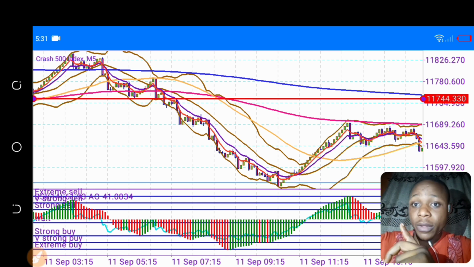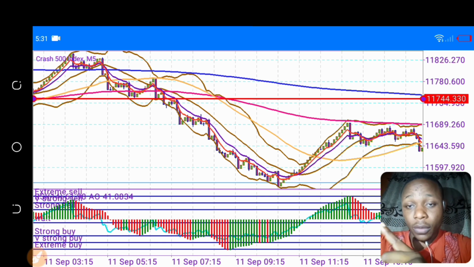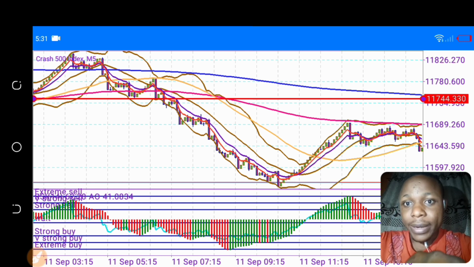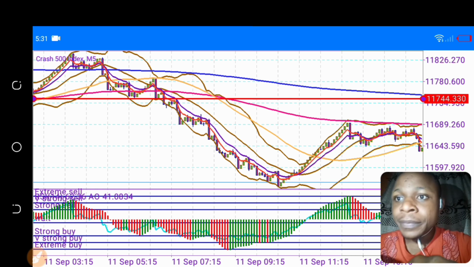The principle of a good trend, take note of this. The principle of a good trend: on a downtrend, previous supports usually turn to the next resistance.